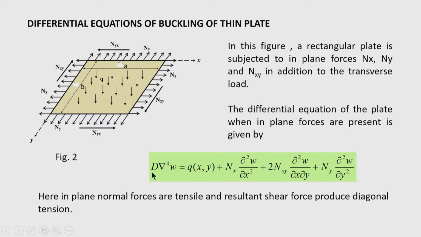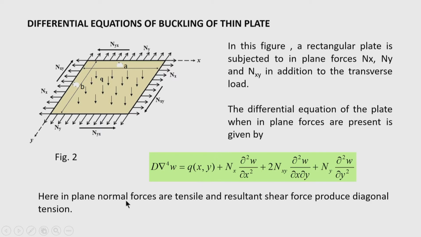Now, here del^4 is the biharmonic operator that you know, and again I am telling it, it will be del^4/del x^4 plus 2 del^4/del x^2 del y^2 plus del^4/del y^4.